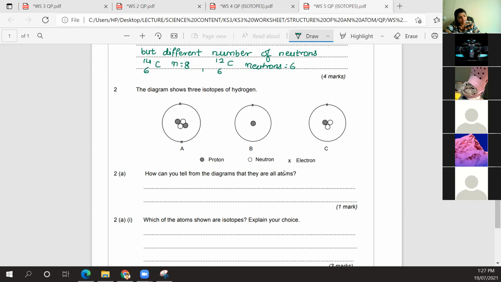Yes, so very, very important when we talk about an atom. An atom always has an equal number of protons and electrons. See, they have already given the notation that the shaded circle is a proton. In this, there are 2 protons and 2 electrons. In this, 1 proton, 1 electron, and over here, 1 proton, 1 electron.